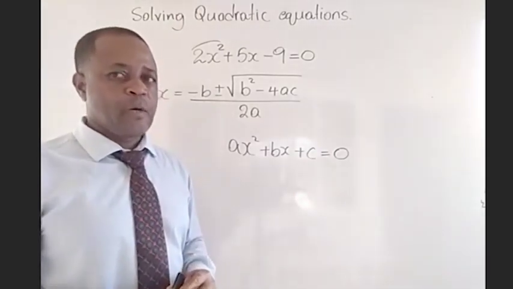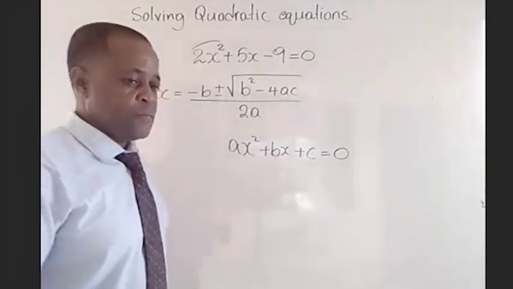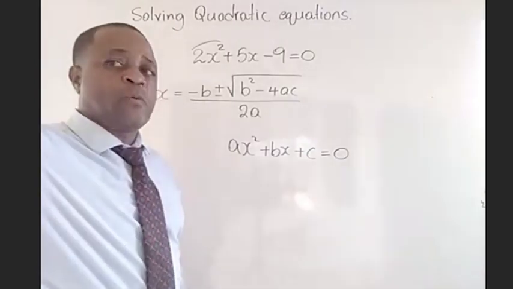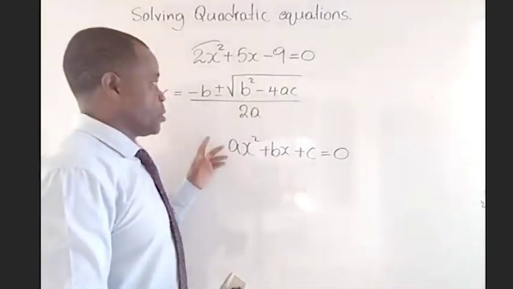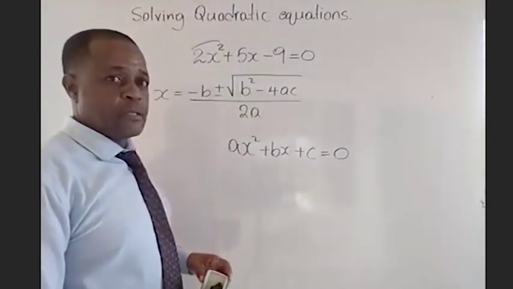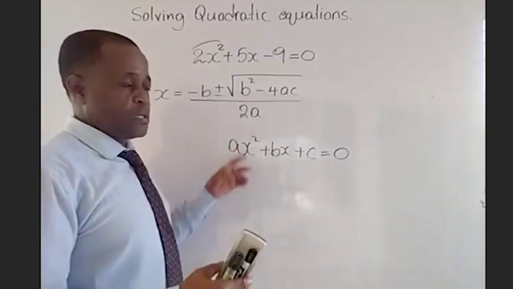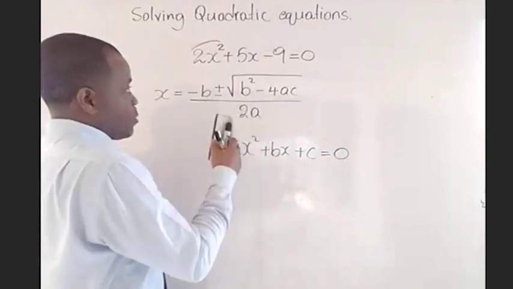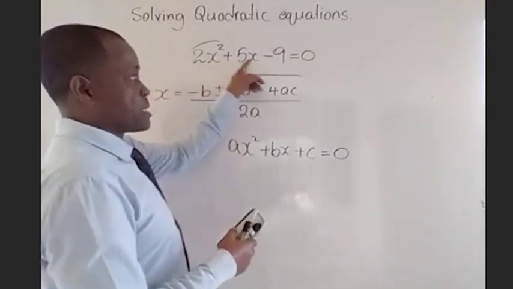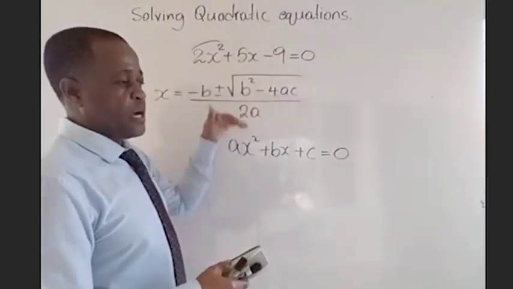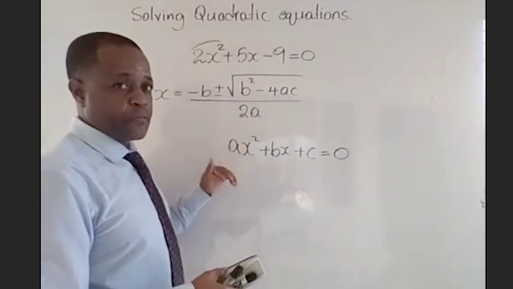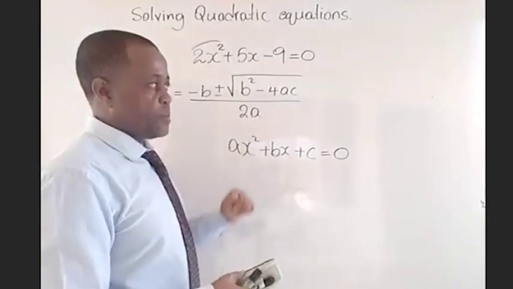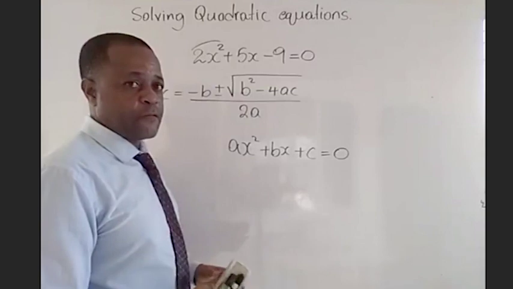All right? Now, let's see if we could use the quadratic formula to solve a quadratic equation. What I'm going to do is not start with this one. I'm going to start with the one that we did before. We know the answers for the ones that we did before.